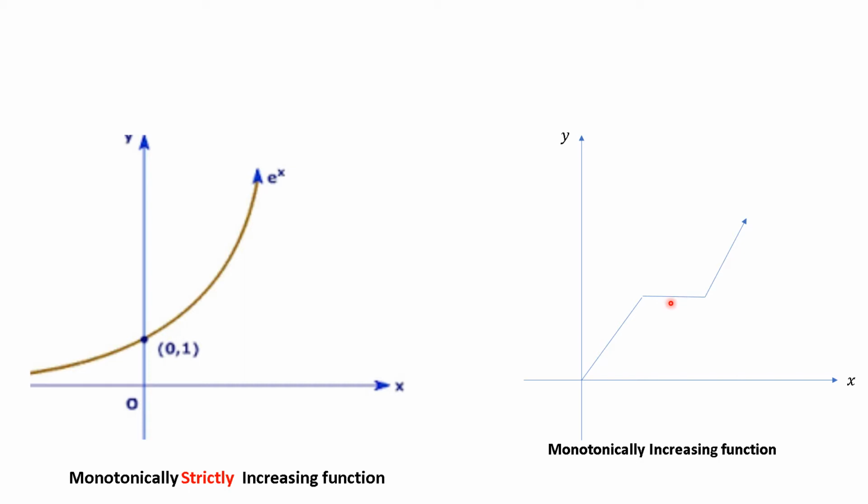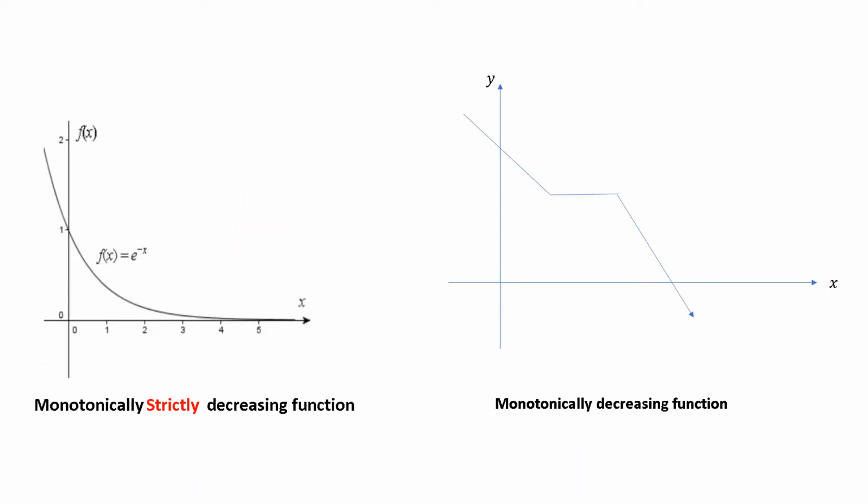So we call this function just increasing function, not strictly increasing function. Just see the graph of these two. Afterwards, let us see the mathematical definition. Whether it is increasing or strictly increasing, we call this type of functions monotonic functions.